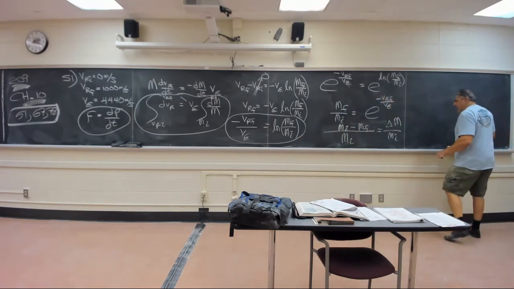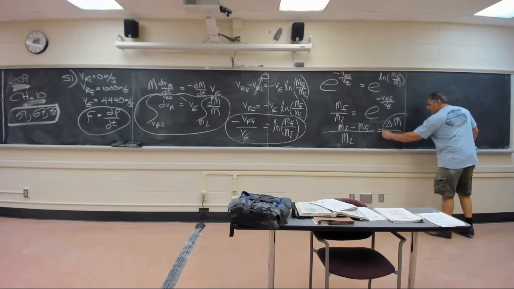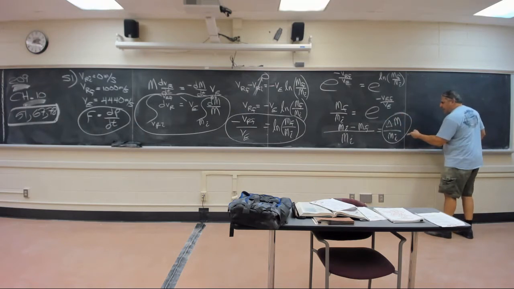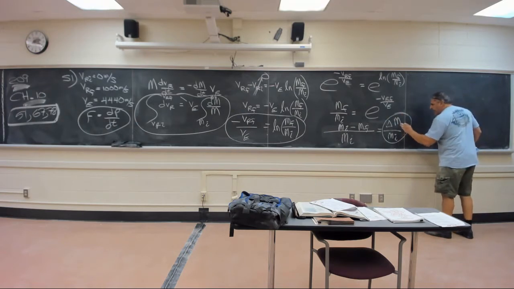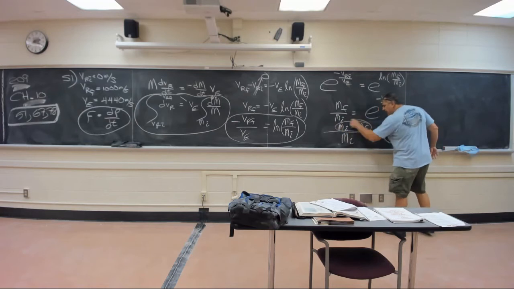You got it to here. That's what they want, a percentage. They want the percentage of mass expelled. This is the initial, this is the change. The change is MI minus MF over MI.